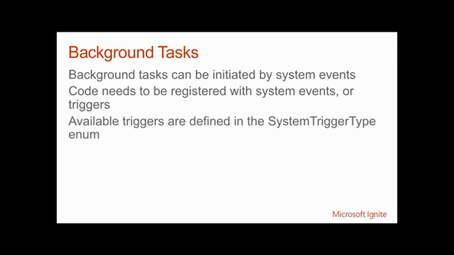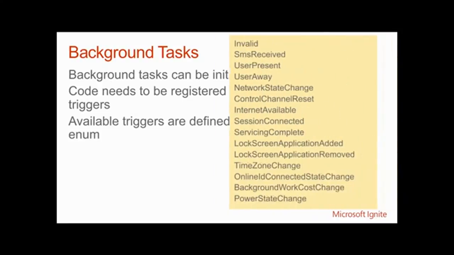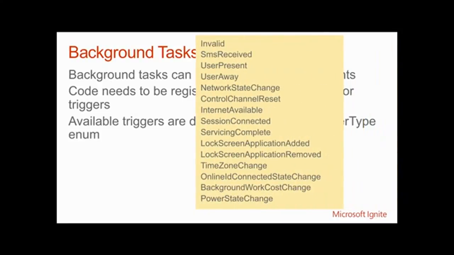There are a number of available triggers that we can attach these things to. They look a bit like this. So you can attach, for example, a background task to if an SMS is received, if the internet becomes available, or if the time zone changes, or any of those operations.